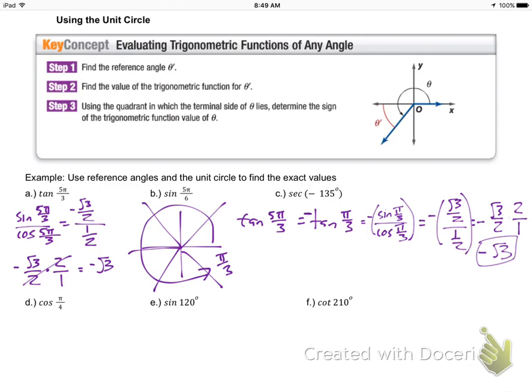Option 2, which is the steps laid above, works really well if you have something that's bigger than that. Something that I have to find coterminal angles for, right? So now I'm talking maybe 54 pi over 6, or something on those lines. Something where you're going to go around that circle several times.